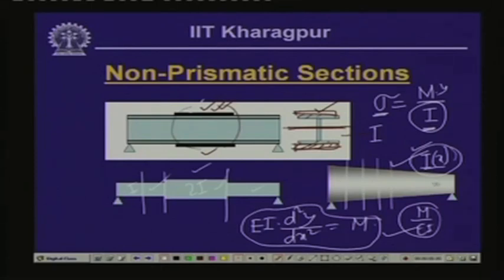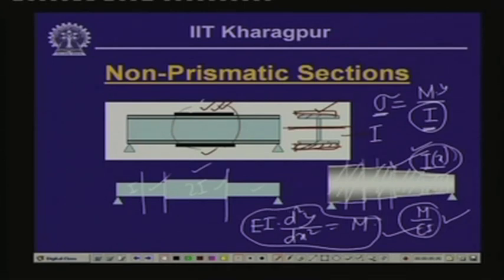but still we can use the moment area method in evaluating the deflection and the slope of such beams by making a little simplification. Instead of considering this non-prismatic one, for a particular length of the beam we can make it a prismatic one, and thereby we can think that this particular section is composed of several prismatic parts, and for each region we can evaluate the M by EI diagram for this beam segment wise, and we can compute the value of slope and deflection.